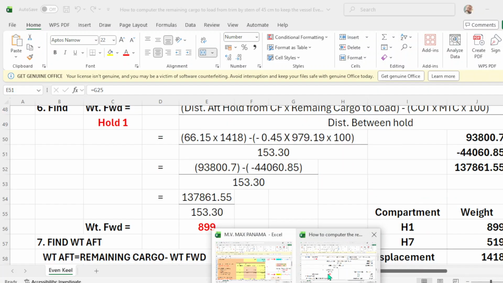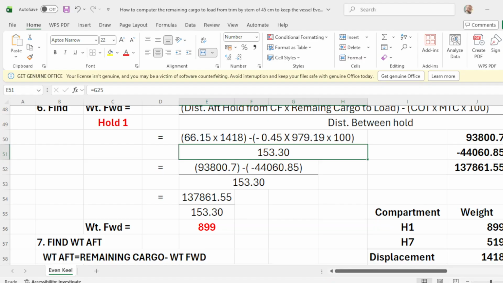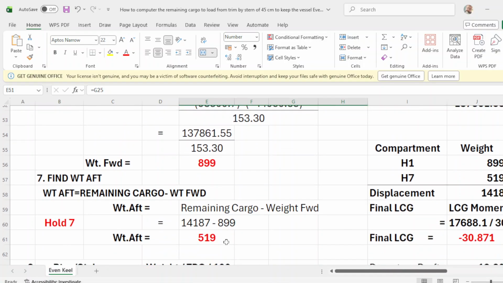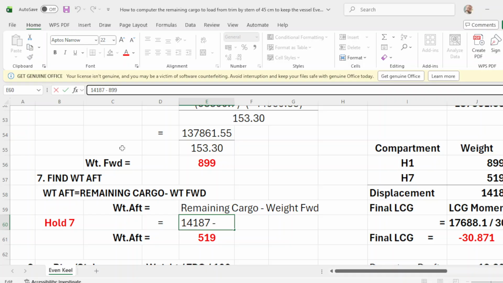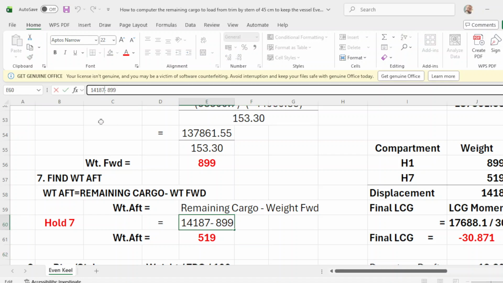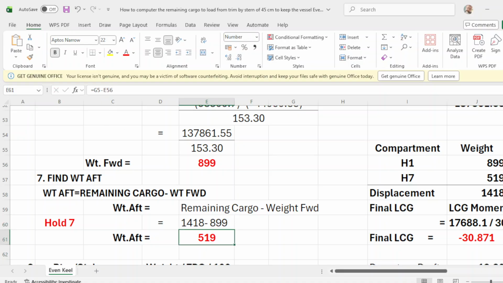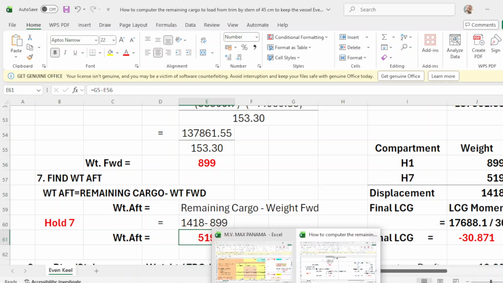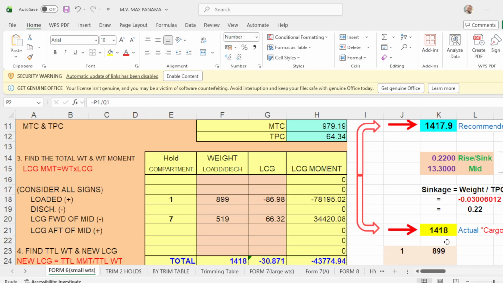Now to find the weight in hold number 7, the formula is remaining cargo minus your weight forward. So your remaining cargo to load is 1418.